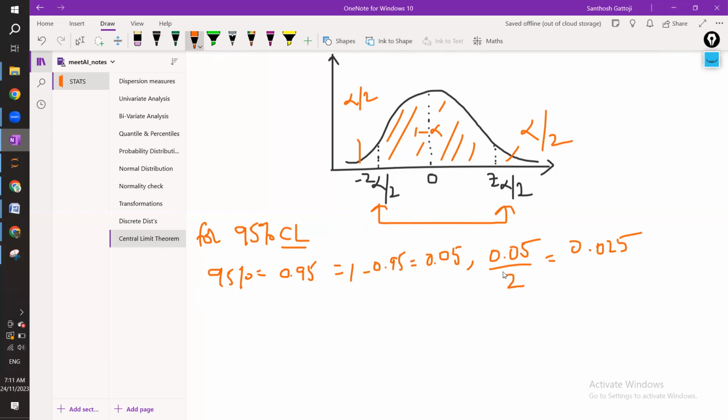So for a confidence level of 95%, this alpha by 2 will be 0.025, and that means you need to calculate z.